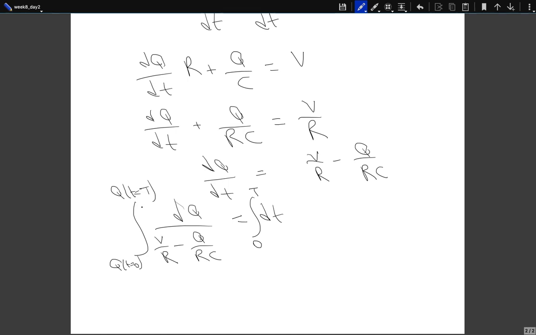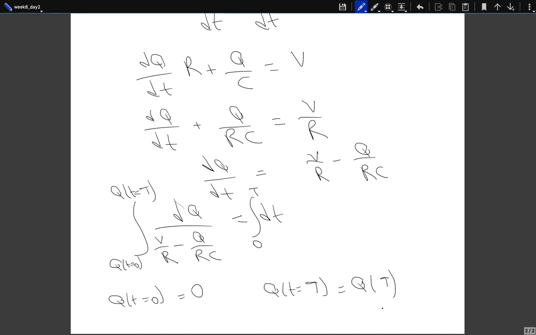And I will assume that initially there is no charge in the capacitor. The initial charge is 0. And q at the time t equal to T is just q of T.